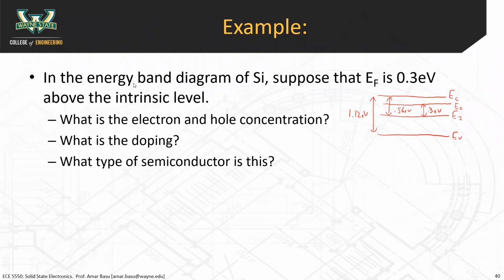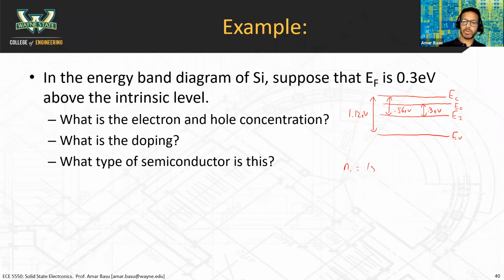What was n sub I? 1.5 times 10 to the 10th. I'll put that here. N sub I equals 1.5 times 10 to the 10, and the units are per centimeter cubed. This is for silicon at 300 Kelvin, which is room temperature.